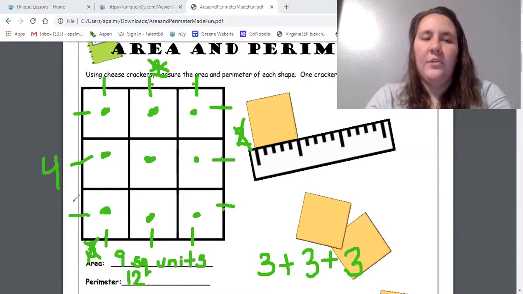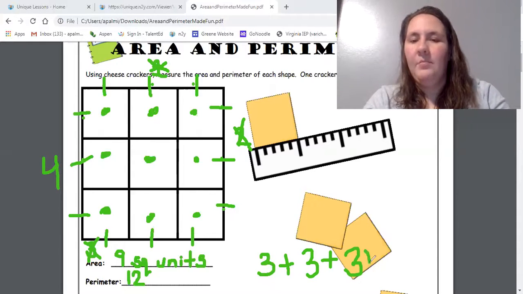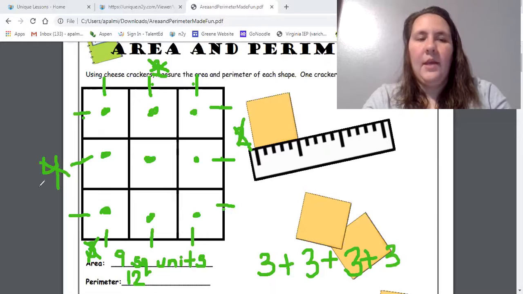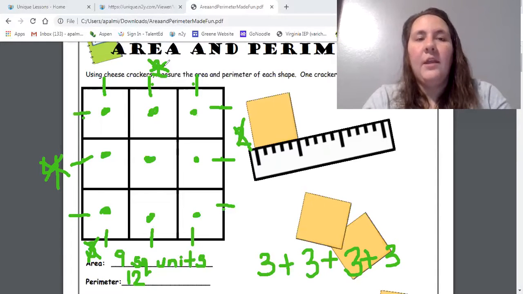So I have side 4. So let's see how many are on side 4. 1, 2, and 3. So I'm going to put my plus because I'm adding more. 3. Okay. And I'm going to X this out because I just did that one. Now, do I have any more sides, or did I get them all? Yeah, I got them all. You can check and see that I have X's, which means I counted all of those sides.